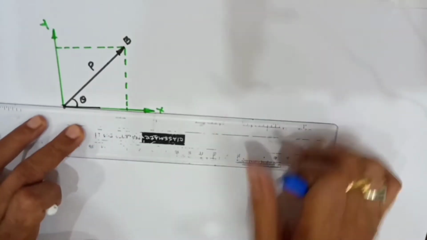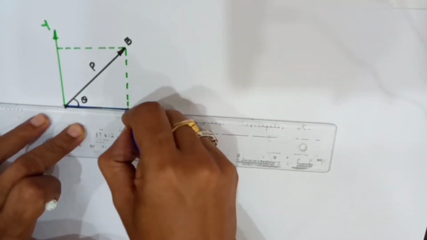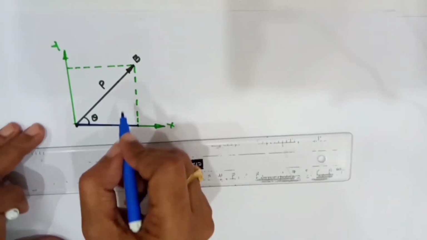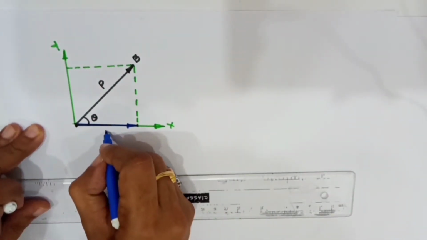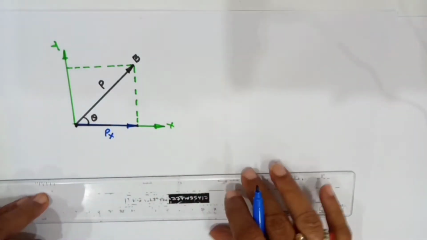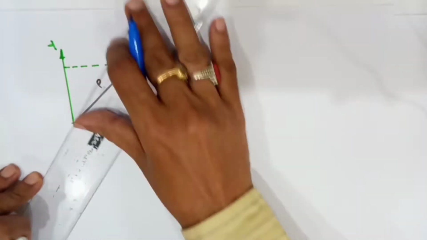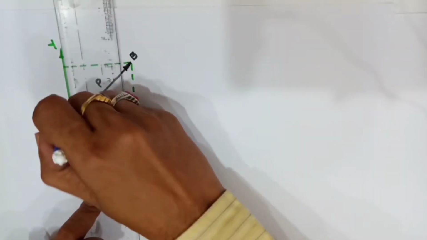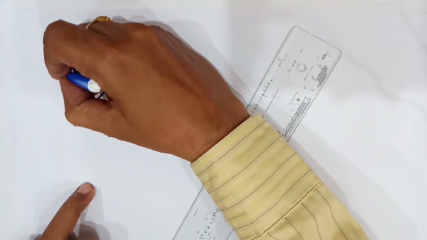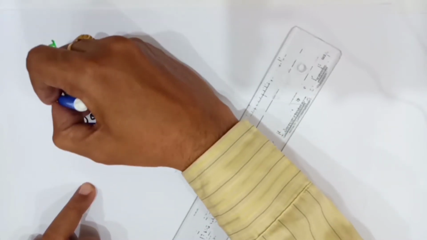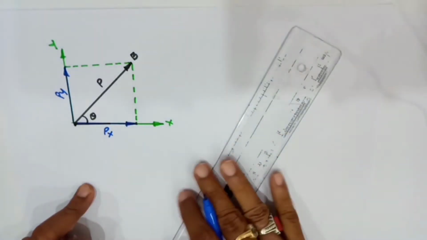then this particular portion, say horizontal component Px, and this particular portion Py, vertical component.